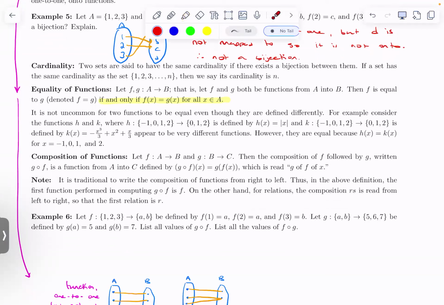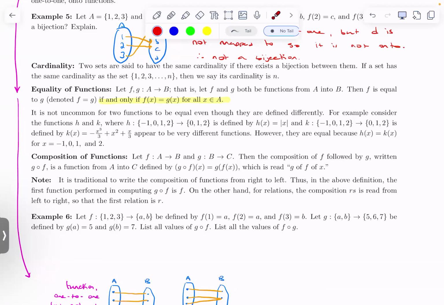So if you have some functions h and k, where h is from -1, 0, 1, 2 to a set 0, 1, 2, we can look at the absolute value of x as h of x. The absolute value of -1 is 1. The absolute value of 0 is 0. The absolute value of 1 is 1. The absolute value of 2 is 2. All right, checks out.